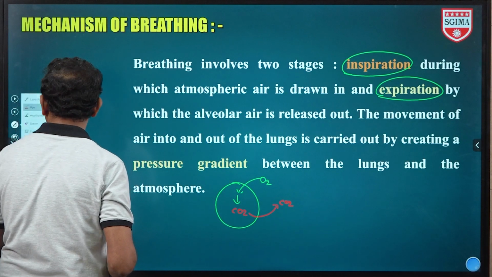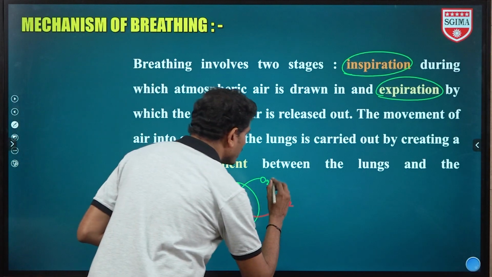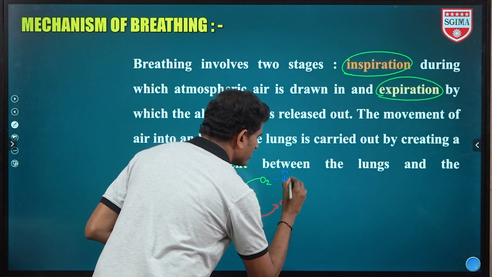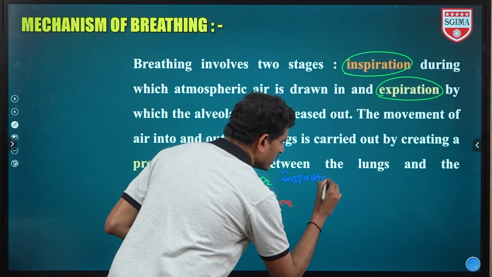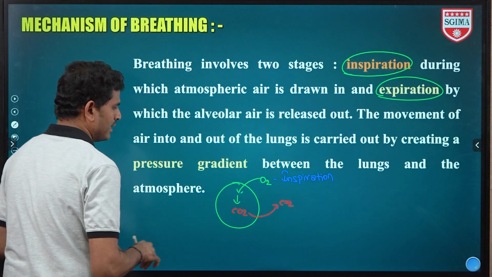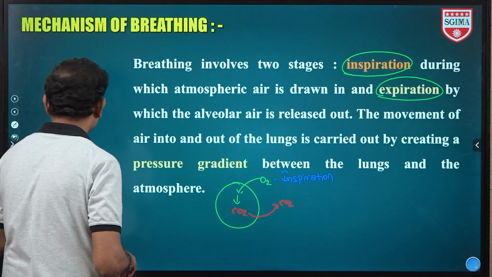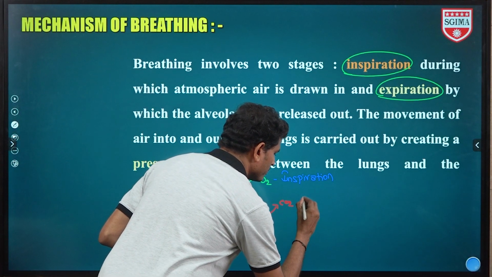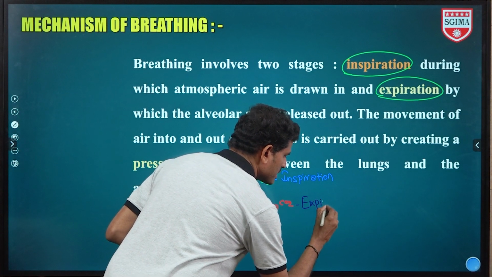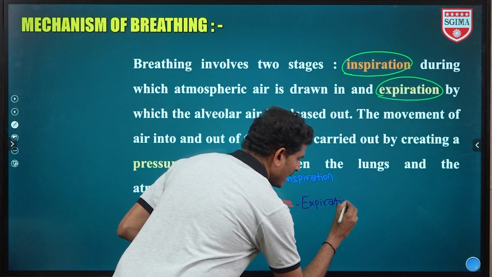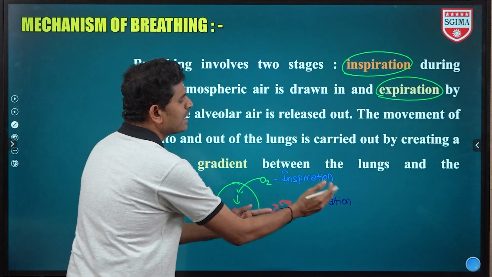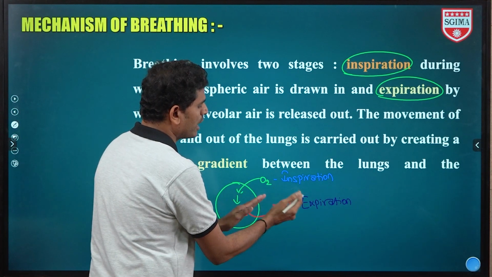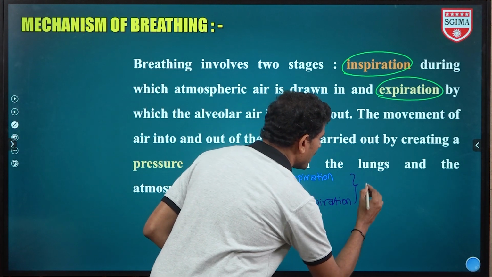So the first process is called inspiration, that is intake of air. The next step is known as expiration. Expiration means this exchanged air, that is carbon dioxide rich air, is sent outside. So inspiration and expiration combinedly are known as breathing.